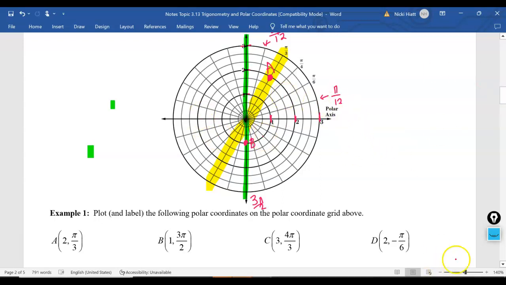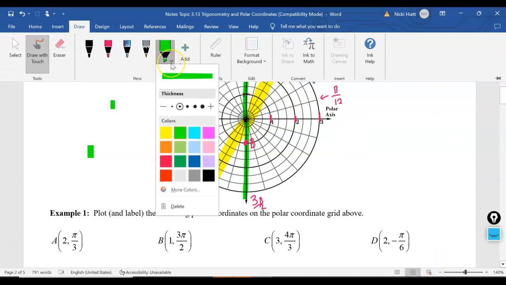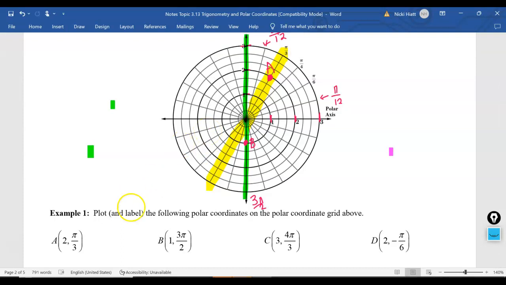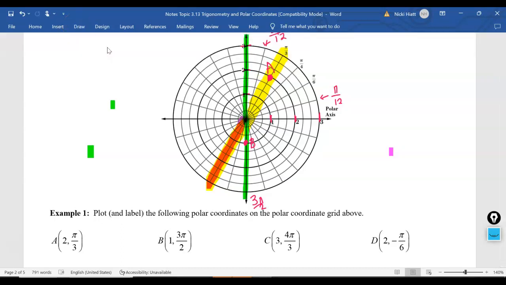So there's point B. For point C, let's use a different color on the highlighter again. Let's go to pink on this one. For C, we're going to 4 pi over 3. 4 pi over 3 actually goes right here. So I'm kind of going over what I've already had. 4 pi over 3 is over here.